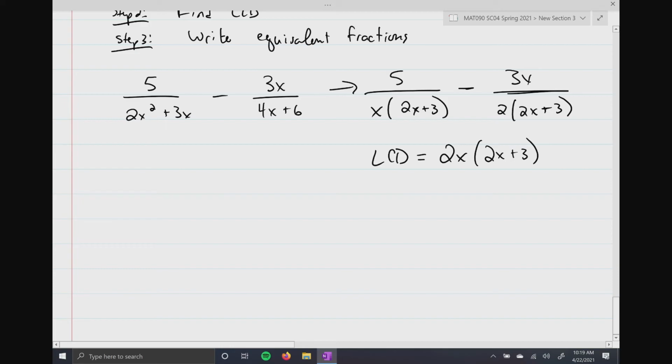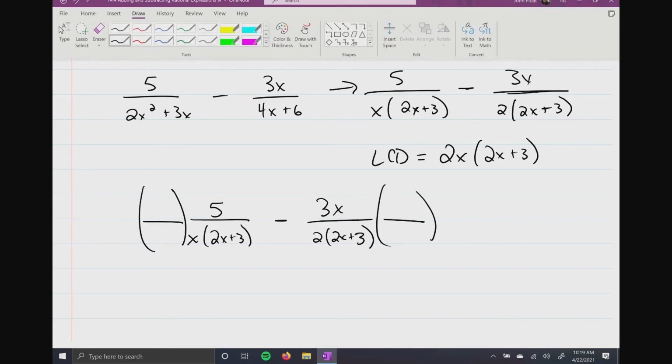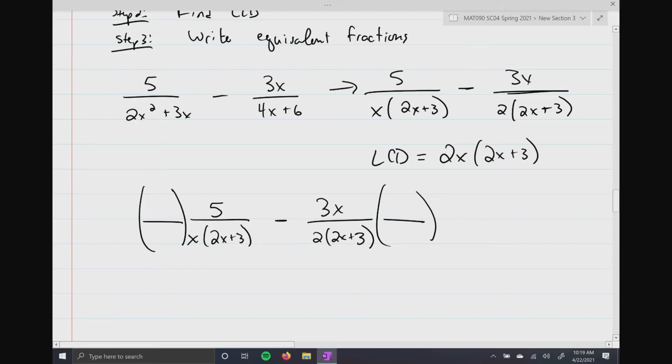All right, now, watch what I do. Please, I'll give you a minute to write it down. Just watch. I'm just going to write 5 over x times 2x plus 3 minus 3x over 2 times 2x plus 3. I know I need to build equivalent fractions. So now all I really do is ask myself, okay, what else do I need?